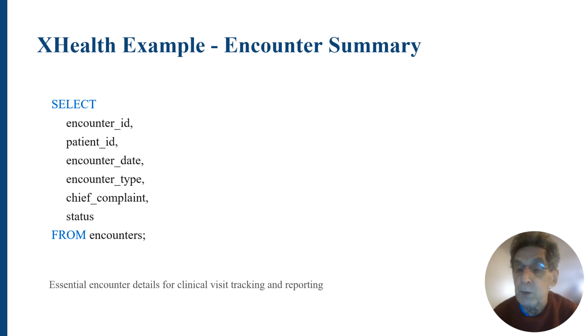Now, the chief complaint is what the patient came in for, in their own words, their main concern or their symptoms. The status might be values like scheduled, in progress, completed, or canceled. This kind of query forms the basis of appointment lists, visit histories, and clinical workflow tools. You might run a version of this every morning to see what encounters are scheduled today.